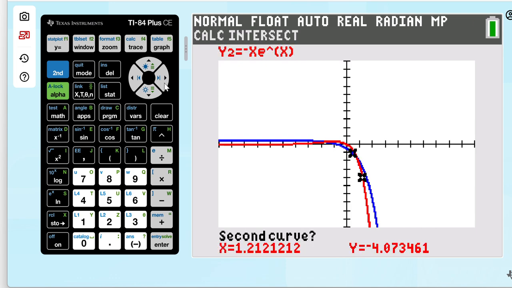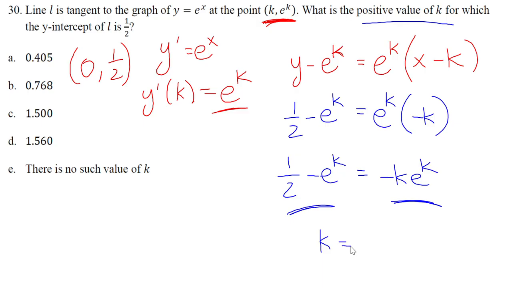Then go kind of to the right of that intersection point, hit enter, and hit enter again, and see that that intersection point happens when the x value for these functions is 0.768039, or in other words, that'd be when the k value is 0.768. So we'd write k is equal to 0.768, and we'd look over here and see that that is option B.